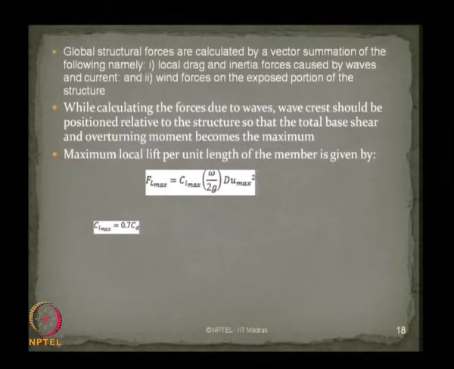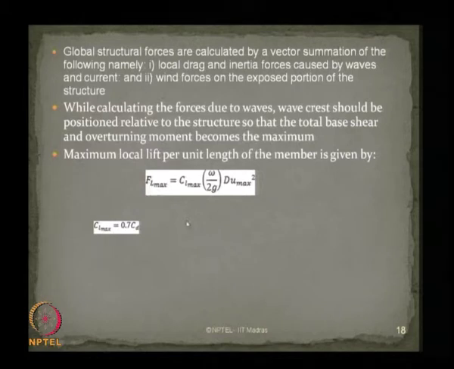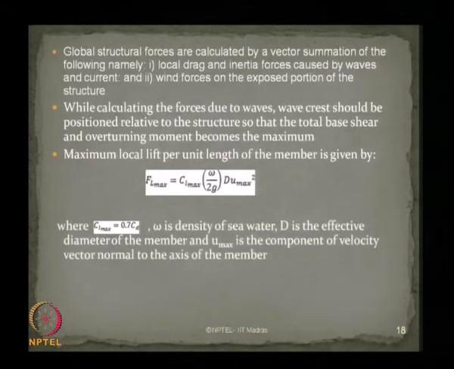So, the maximum local lift per unit length of the member is given by this equation, where L max stands for maximum lift force and CL max stands for the lift coefficient, which is generally taken as 0.7 of the drag coefficient.